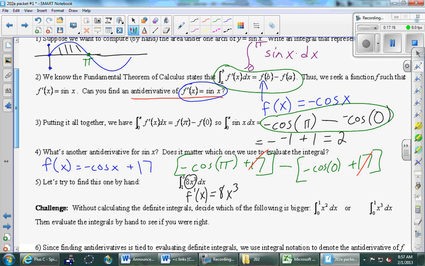So the main difficulty in a problem like this is to find something whose derivative is 8x cubed. So some of you guys probably already have a formula, a way to figure out an antiderivative of 8x cubed. But even if you don't, see if you can just kind of piece through and come up with a function whose derivative is 8x cubed. Once you've got it, go ahead and plug in and check with your neighbors.